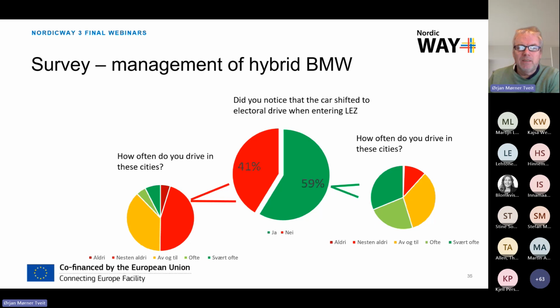You can say that most of them were driving a lot in the city centers, and 41% have never noticed that the car shifted, mainly because they didn't drive in cities. That's a perfectly good reason.